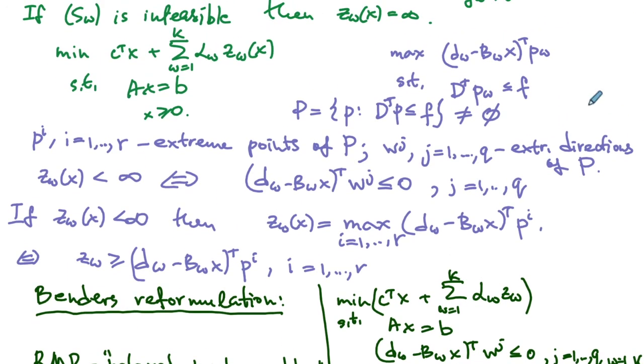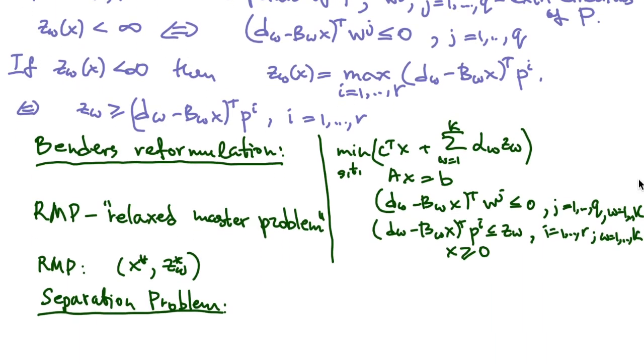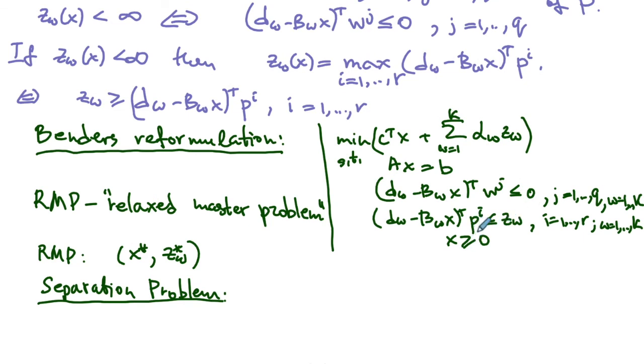Otherwise, if the problem is bounded, we are going to obtain an optimal solution to this problem at an extreme point. And then for that optimal solution given by Pi, we are going to check if the corresponding constraint here is satisfied with x equal to x star and z omega equal to z omega star.